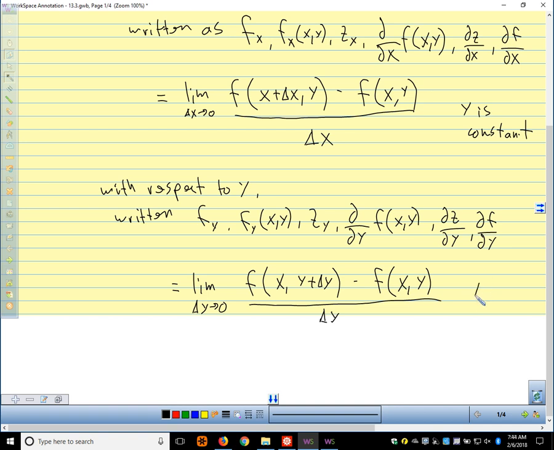And we're considering x a constant. So this is saying at a particular value of x, how does the function value change as y changes?